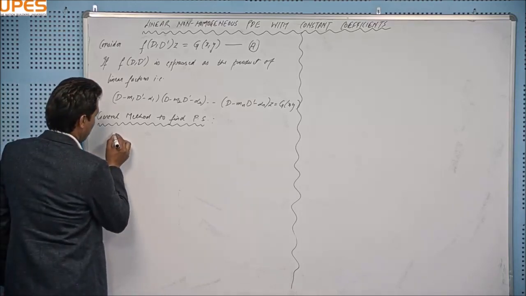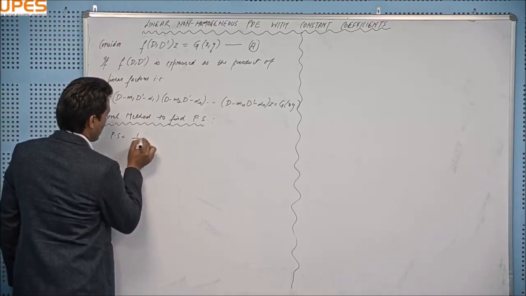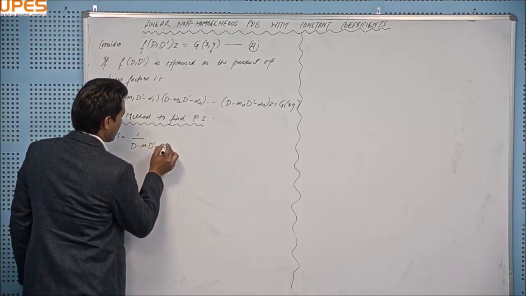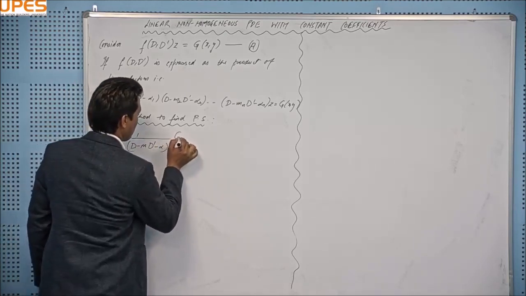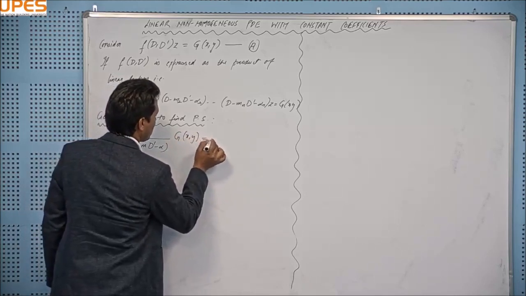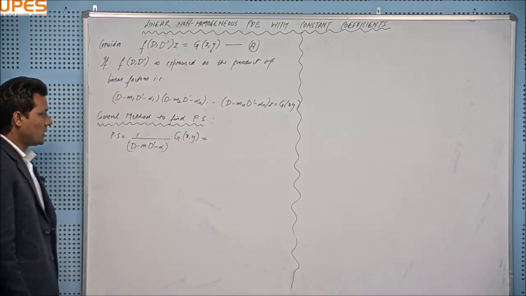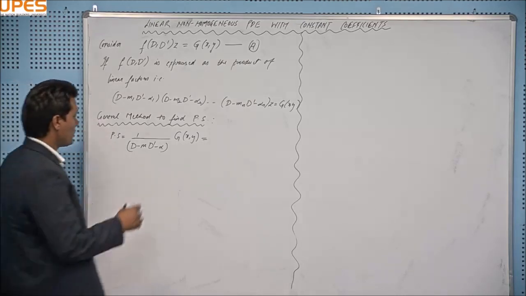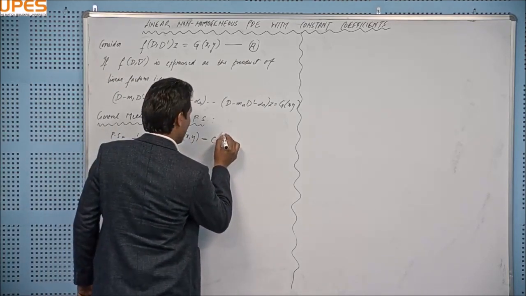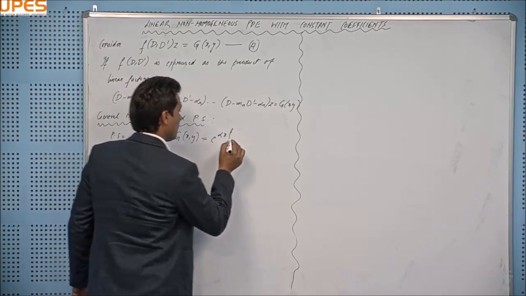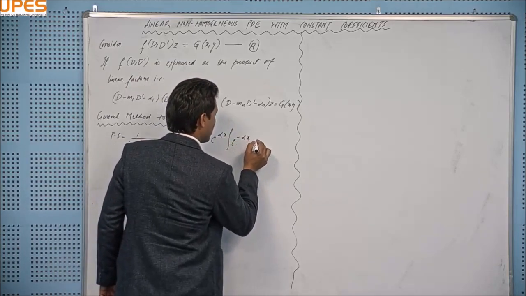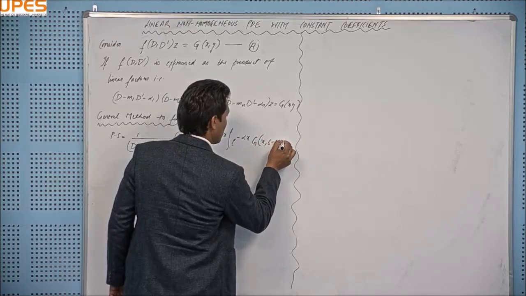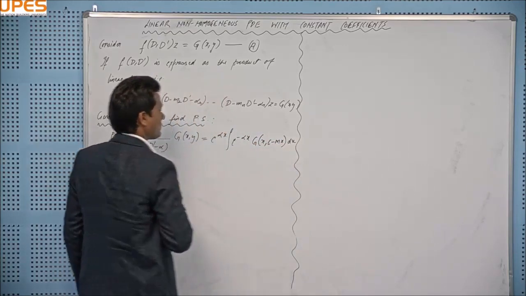And what is that method? The particular integral 1/(D - mD' - α) g(x,y) is given by a formula: e^(αx) ∫ e^(-αx) g(x, c - mx) dx.